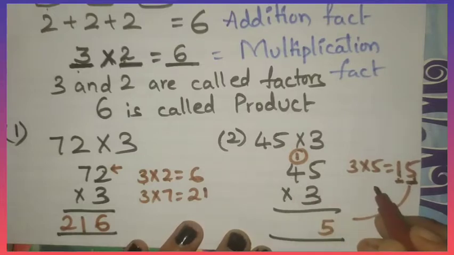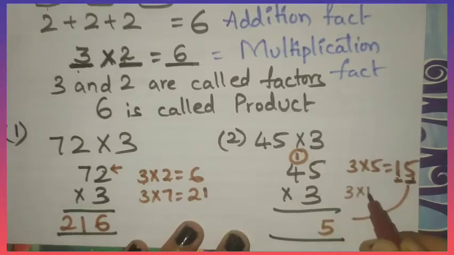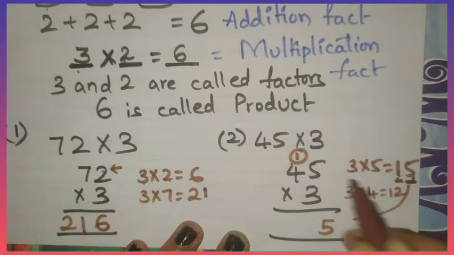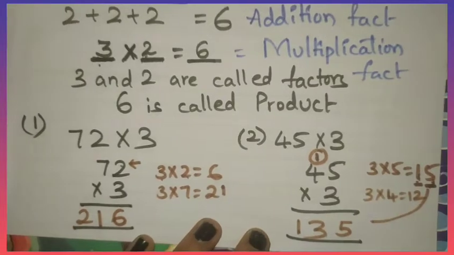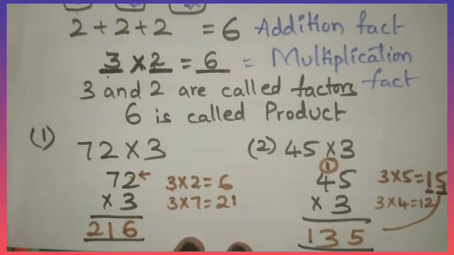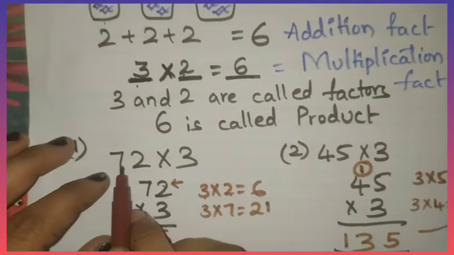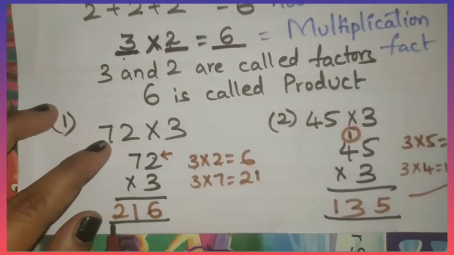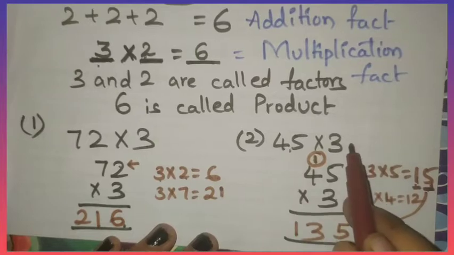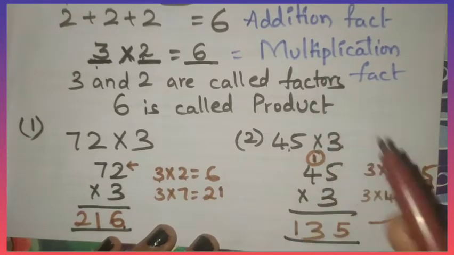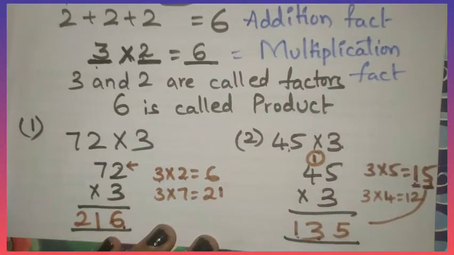Now 3 4s are 12. Here we have a carry, so we'll add it. 12 plus 1 is 13. We'll write here 13. Like this we'll do multiplication. Here 72 and 3 are the factors and 216 is the product. Here 45 and 3 are factors and 135 is the product.